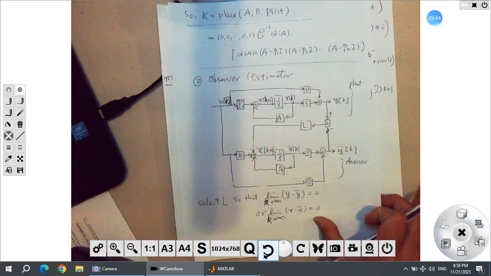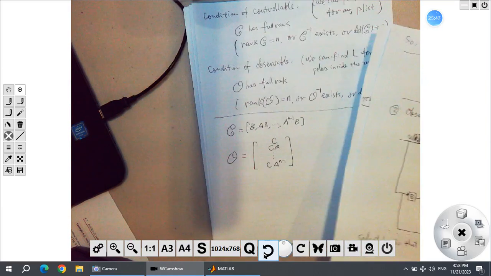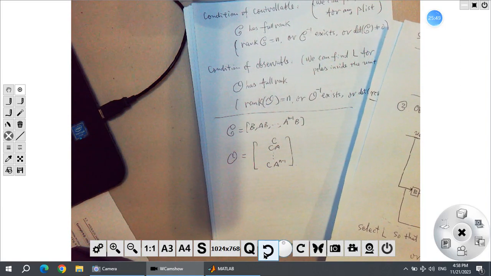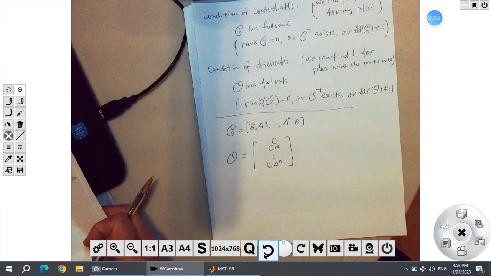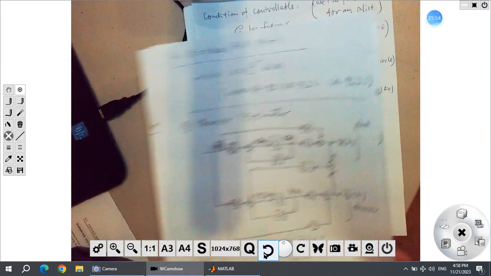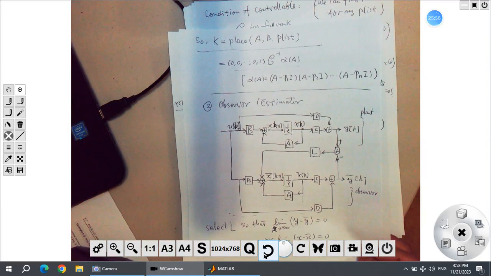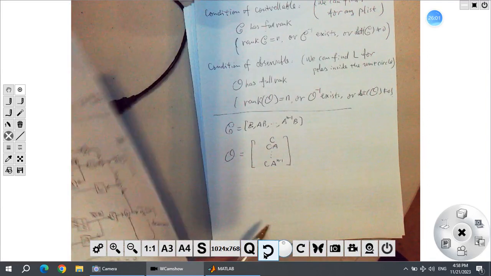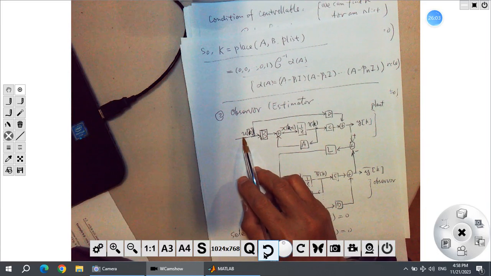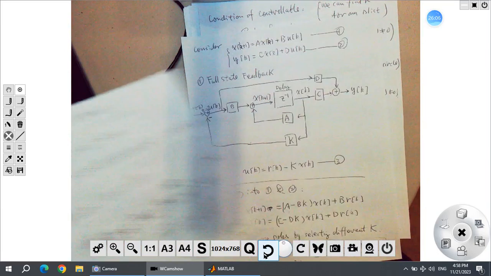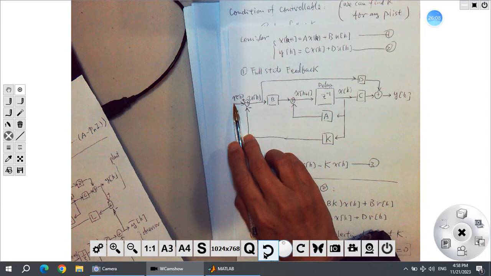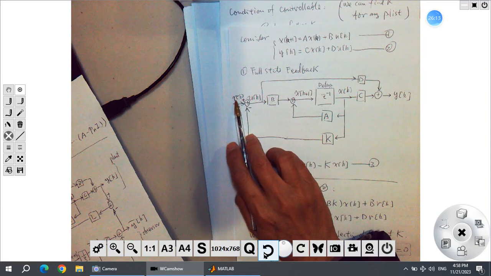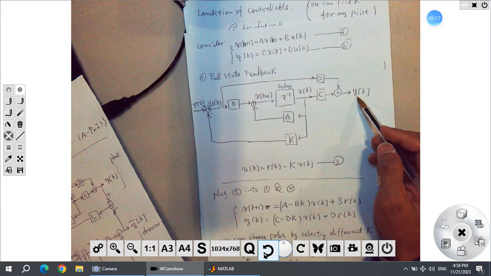One interesting thing is that we can have another kind of problem. Here, what is a controller? We have a system with U as an input, and after you give the feedback, you have R as an input. We can select a different input to make the output satisfy a certain requirement.